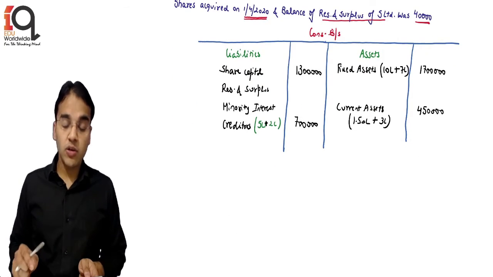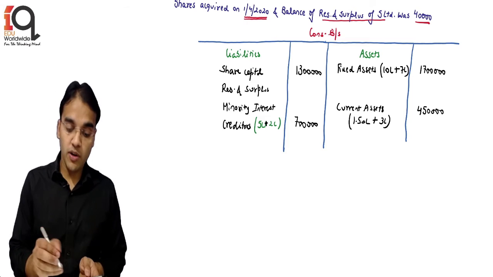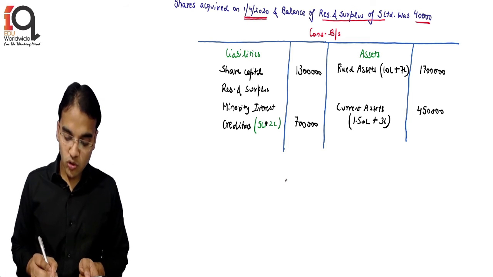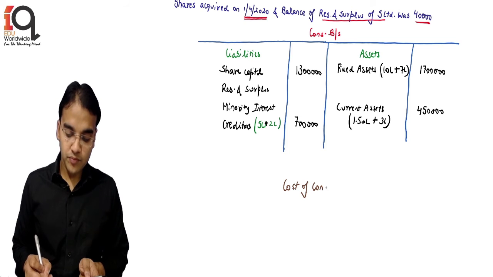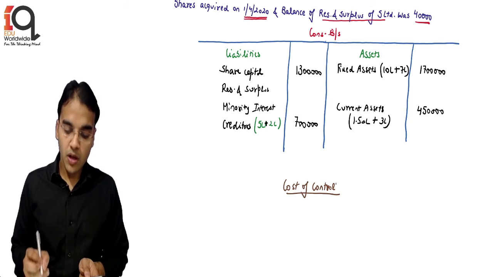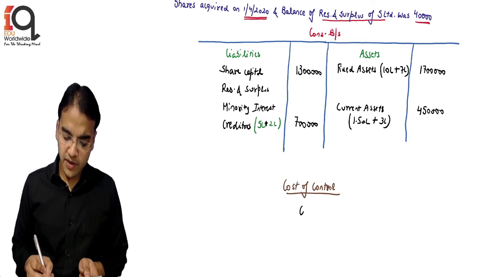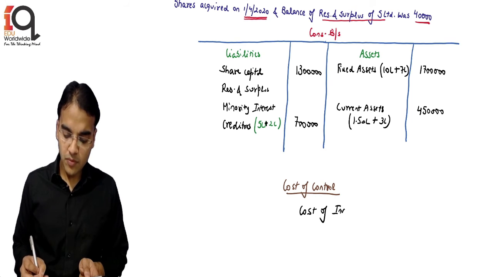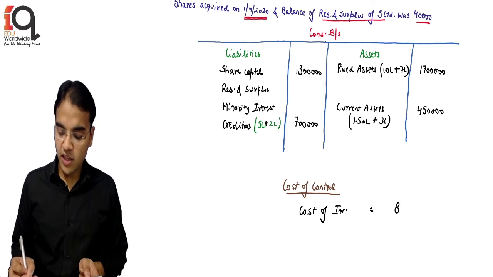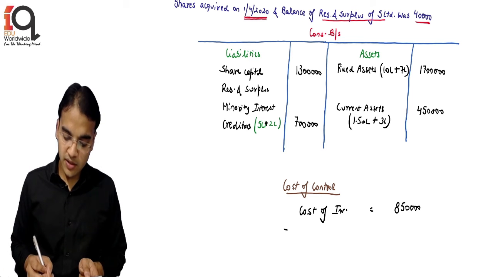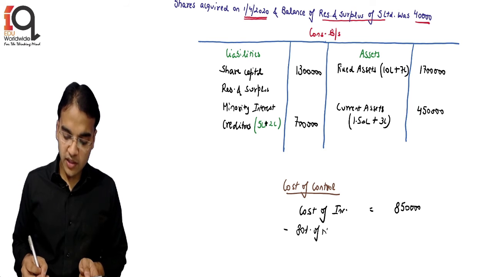Now we have to find out the goodwill or capital, basically cost of control. So cost of control. Cost of investments, which is 8,50,000 here, minus 80% of net assets acquired.